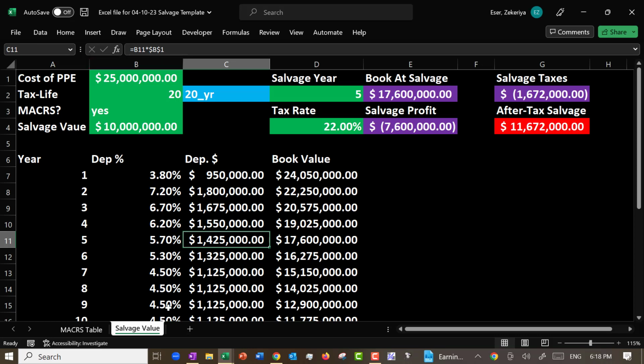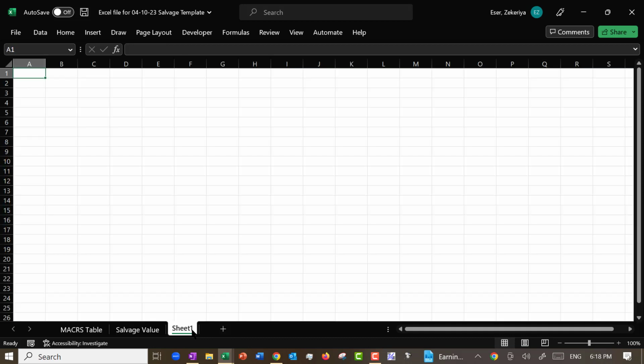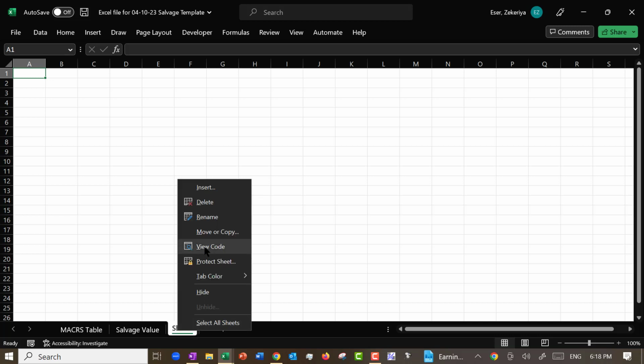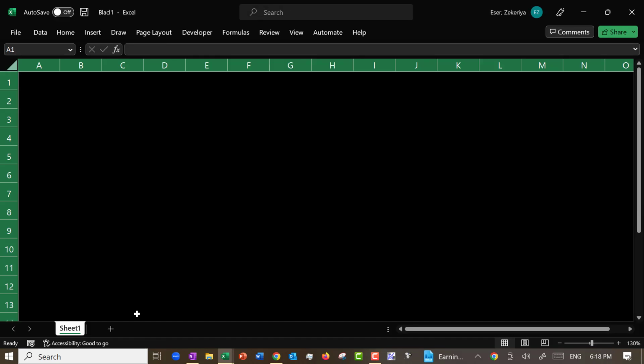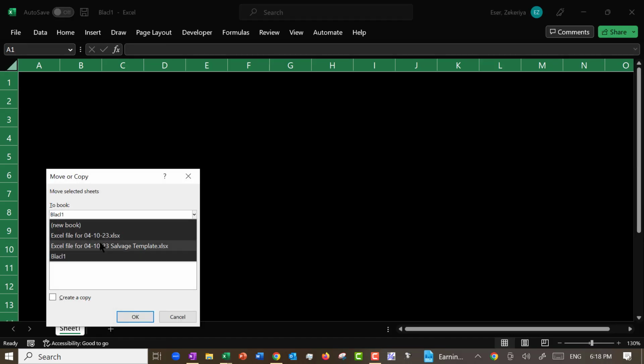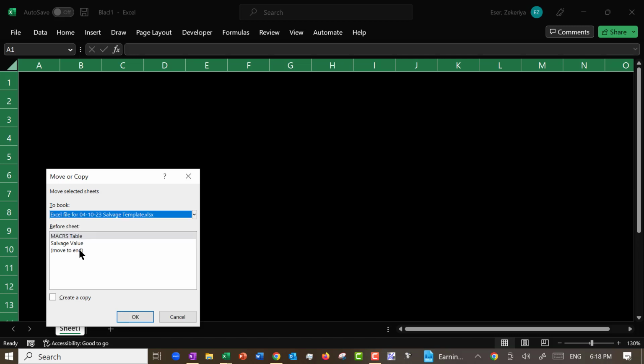I'm going to, let's see, add a sheet, or I'm going to cheat because I want a black sheet. Okay.